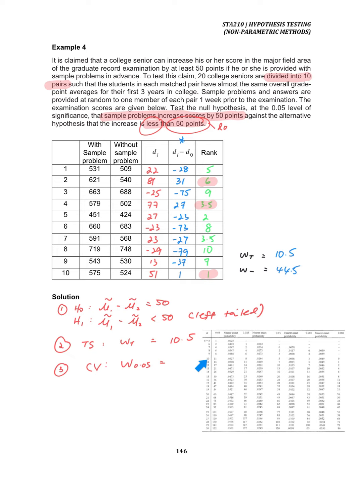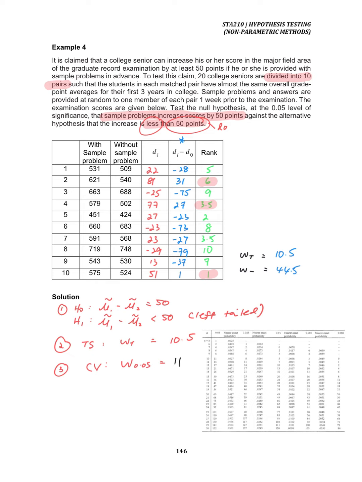So n equals to 10 is here, and W 0.05 is equivalent to 11. Kita bukan ambil probability value ya, kita ambil this value. So for n equals to 10 and alpha 0.05, W 0.05 is equivalent to 11. Okay, so our W alpha is 11.